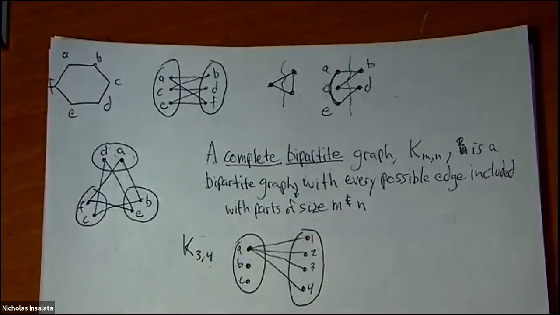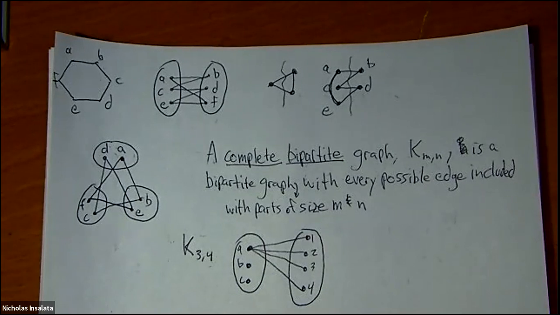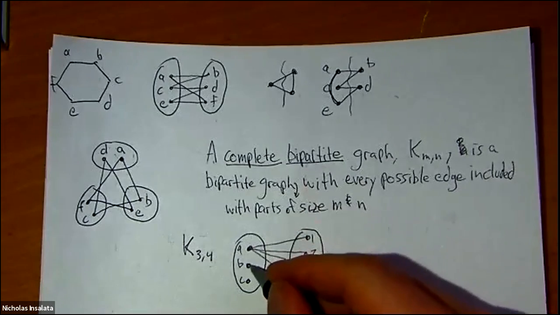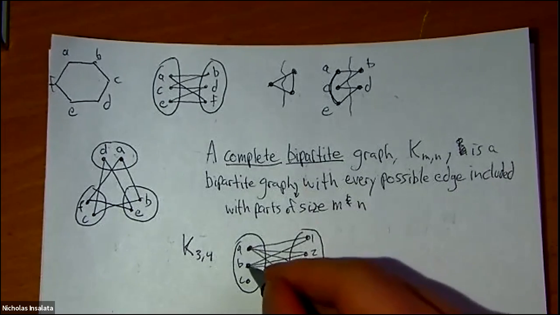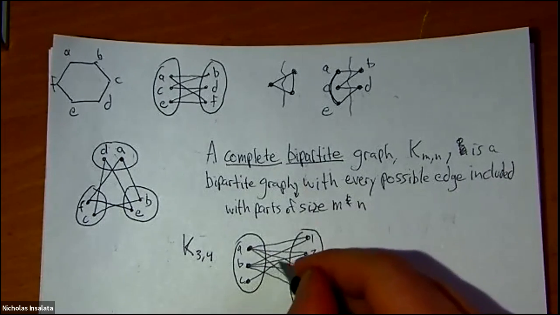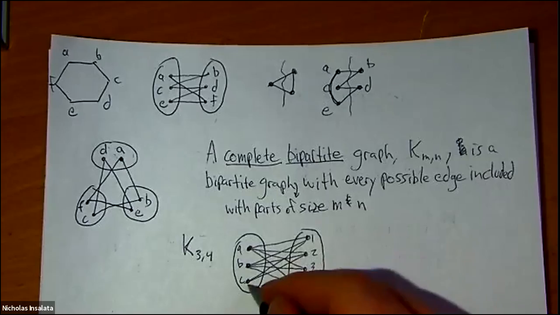Great. What does B connect to? Good. The same thing. Each thing on the left connects to everything on the right. And so, how many edges?